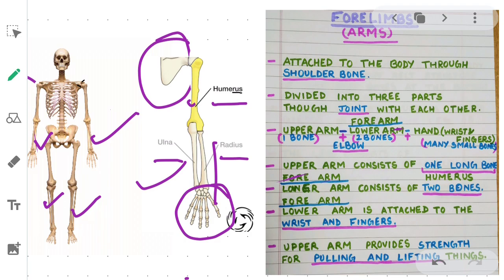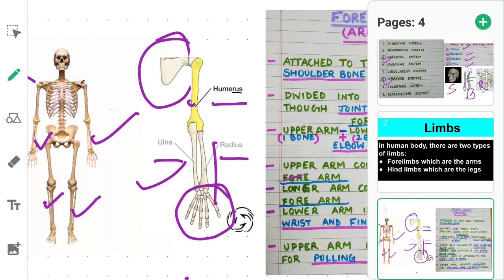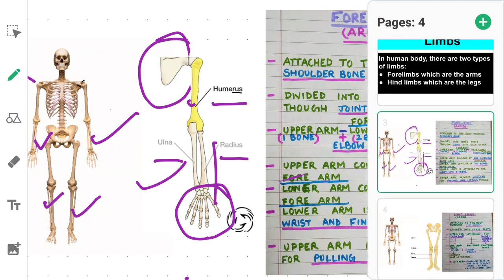And below the lower arm we have the wrist and fingers, which are made up of many small bones. And this humerus is only responsible for giving strength to the lower arm for pulling and lifting things. We have discussed forelimbs. Now we shall discuss the hind limbs.